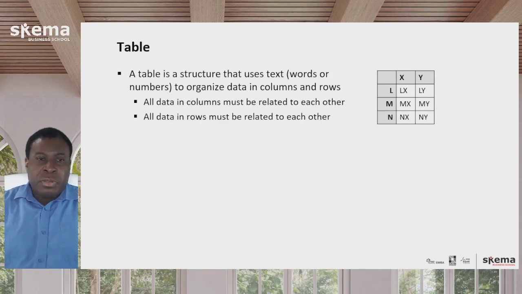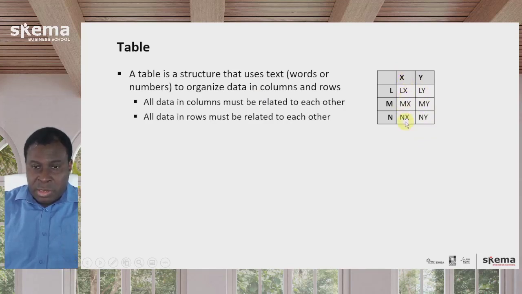A table is a structure that uses text, which might be words or numbers, to organize data in columns and rows. So in a table, the key requirement is that all the data in the columns, so these are the columns X and Y, must be related to each other in some way.